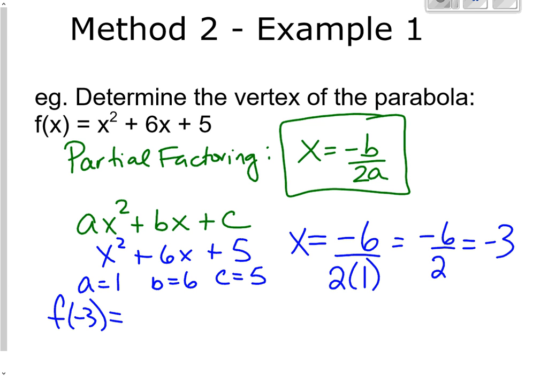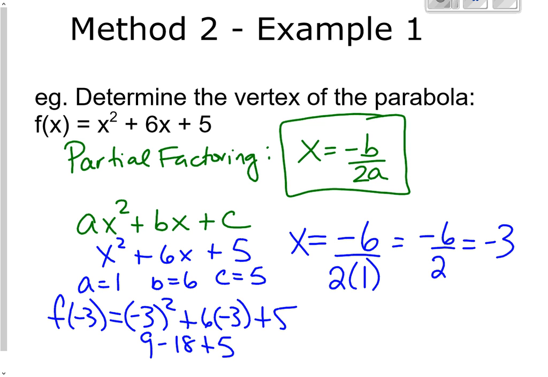If I do that, I get negative 3 squared plus 6 times negative 3 plus 5, which is going to be 9 minus 18 plus 5, which is negative 4. So my vertex then is going to be at negative 3, comma, negative 4.